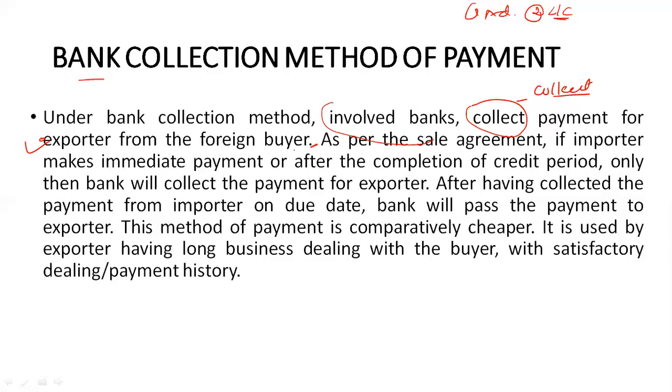That means it is not liable for the payment. So be careful. In LC, the importer's bank is liable to pay you. But in the bank collection method, they just receive whatever payment they receive from outside.